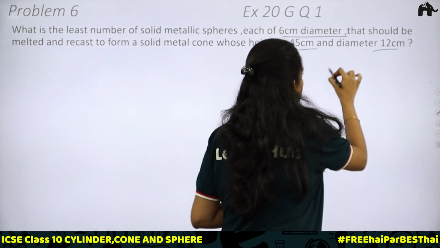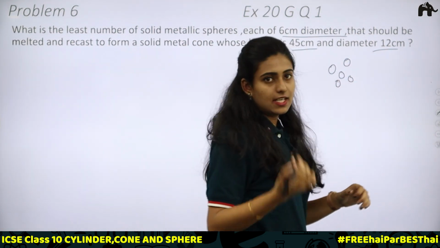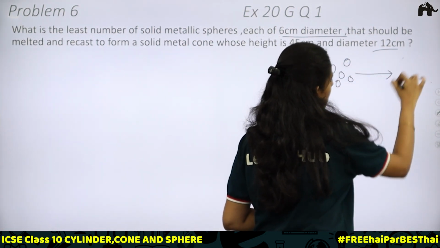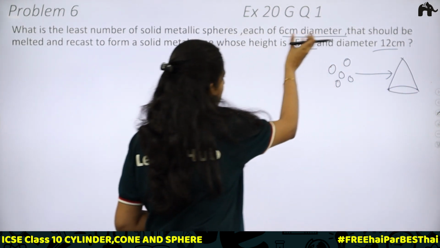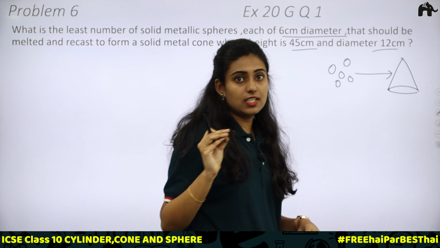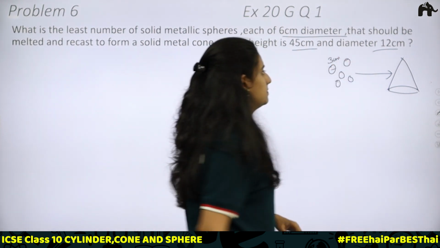We don't know the number of spheres. A few spheres are taken and they are melted and recast into a cone. Given the diameter of the sphere is 6 cm, which means the radius will be 3 cm.